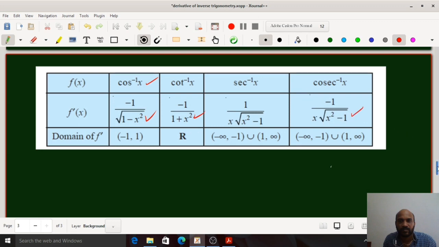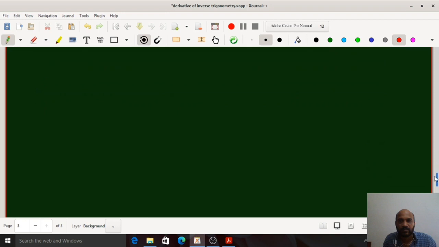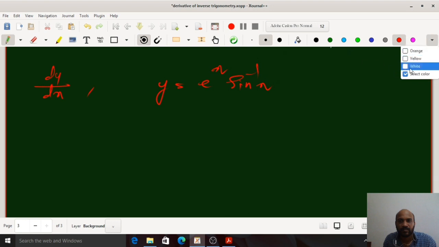Now we have to do some problems by using these formulas. First question, find dy by dx, where y equals e raised to x into sine inverse of x. Actually, e raised to x is a standard formula, and sine inverse of x is also a standard formula.